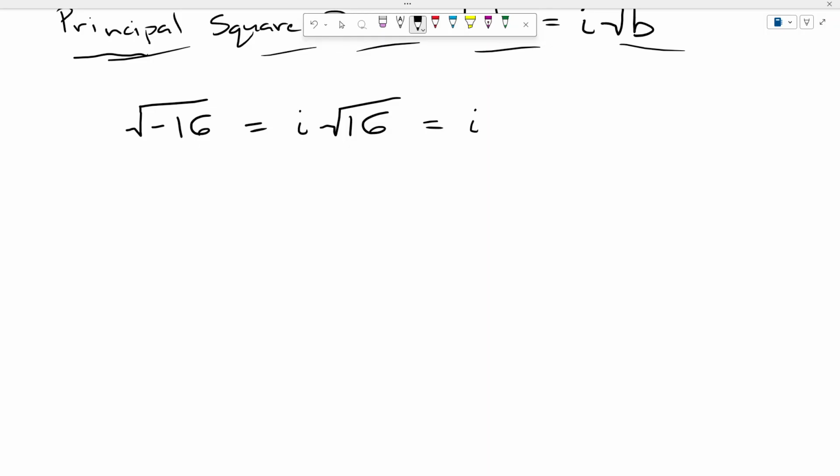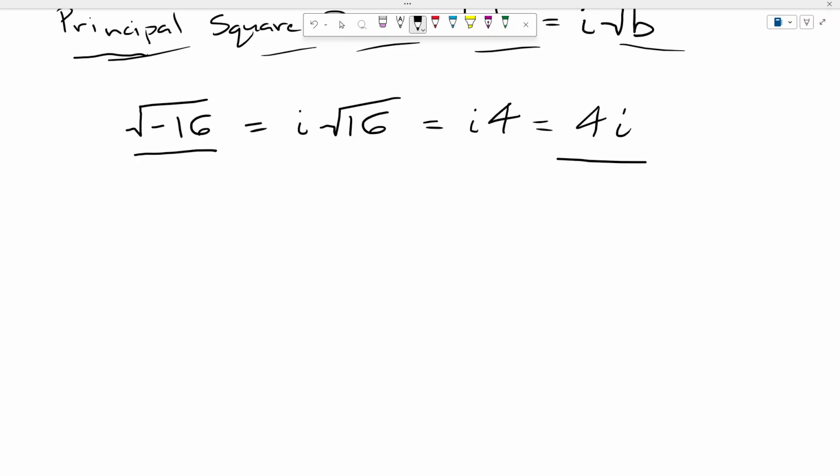So that would just become i4, but obviously we would put the i in the back, so equal to 4i. So the square root of negative 16 simplifies down to 4i.